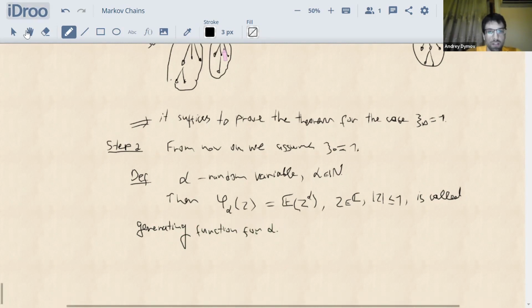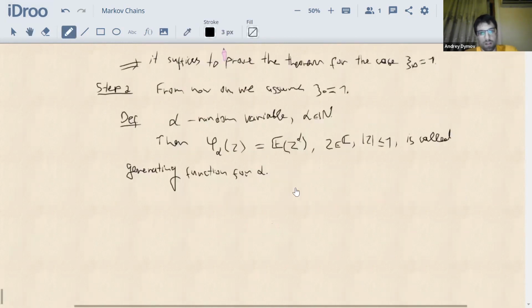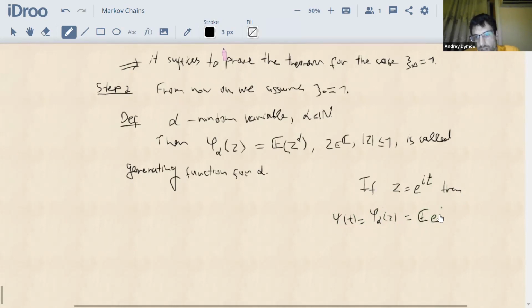In particular, if for z you take a point of the unit circle on the complex plane, then you'll get the function, let me call it psi of t. This is the expectation of e to the power i t alpha.